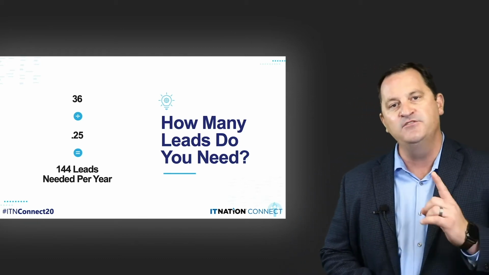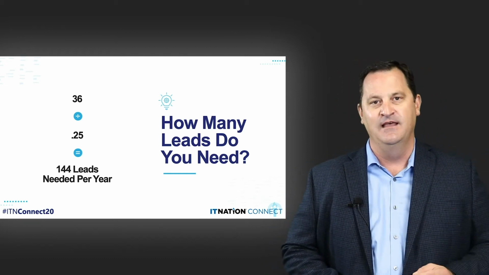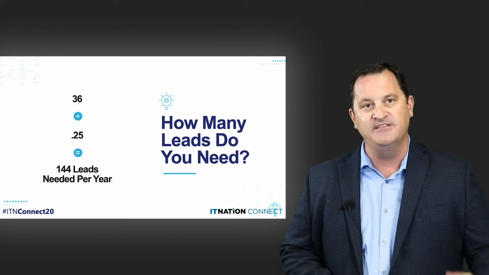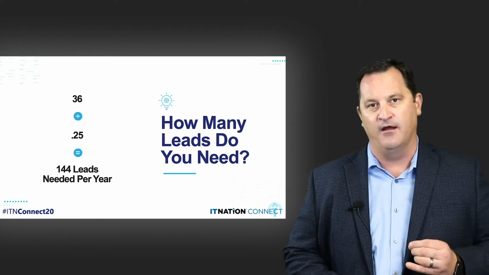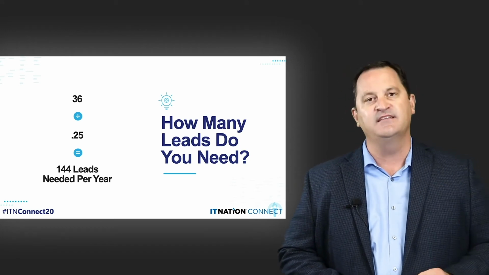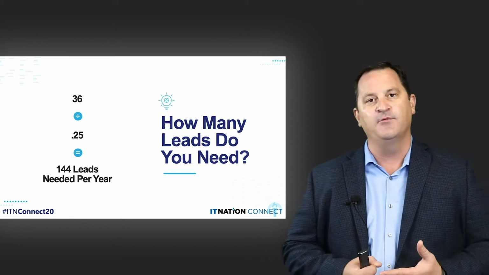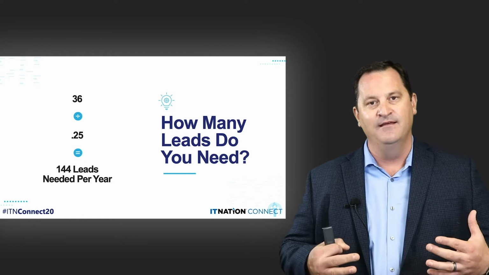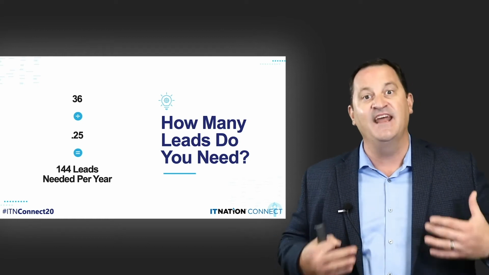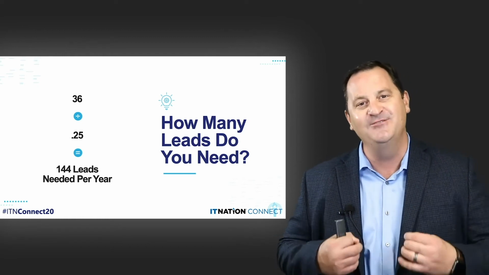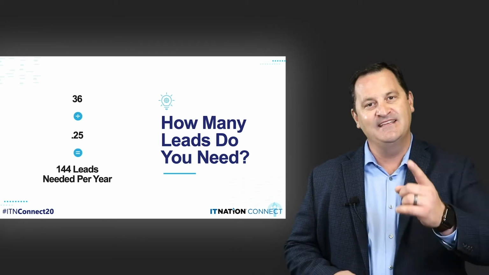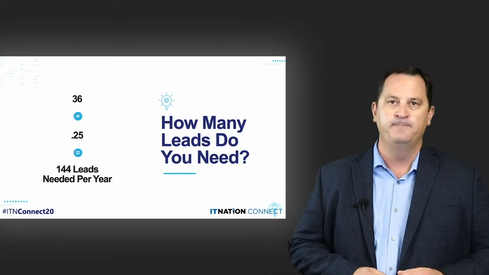In fact, those dreams are now expectations, because I know on average, if I get 144 leads per year, I'm going to close 36 of them. And on average, that's going to produce $900,000 in recurring revenue. And I'm going to do that every year for the next 10. I'm on track to achieve my dreams. And that's exactly what I want for you.